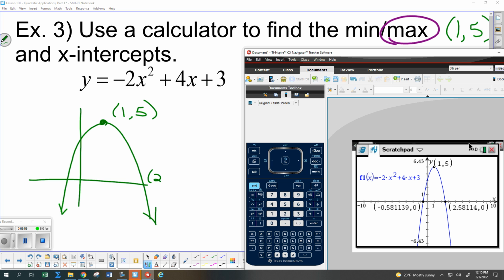That is 1, 5. This is 2.581 comma 0, and this one is negative 0.581 comma 0. On our quadratic applications, always draw a sketch and label the points that are asked about in the problem. Everybody good with that one?